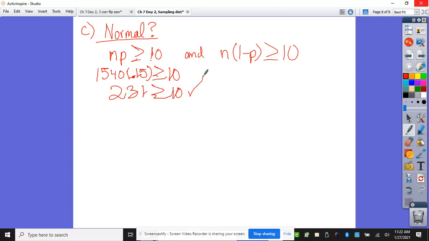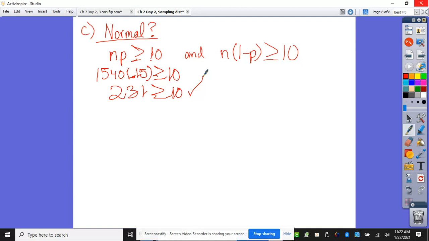So that's supposed to say 231 is greater than or equal to 10, and I put a check. Now, I'm still going to write out my math here, but if I didn't have this, how would I figure out what this bottom number is going to be? Like, what's the other way I could do that? This is 231, so what's this?